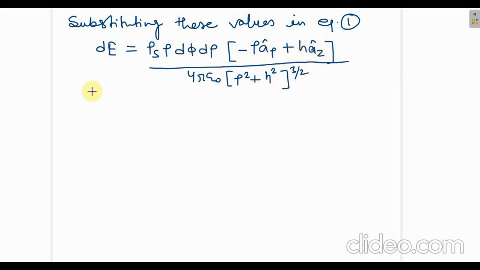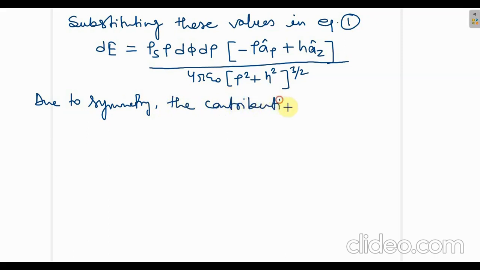So due to symmetry, the contribution to E rho, meaning along this rho direction, adds up to 0.